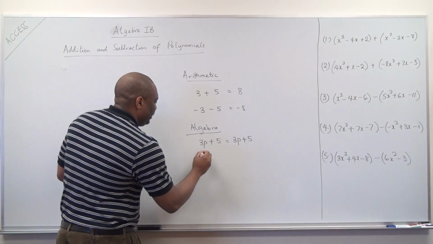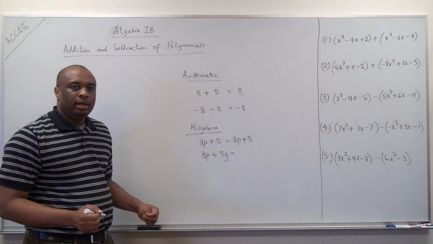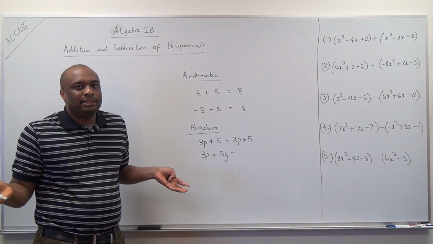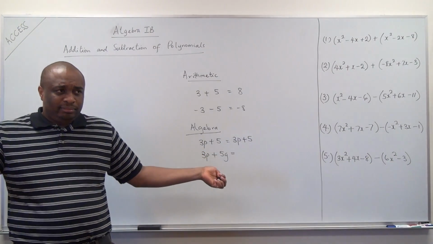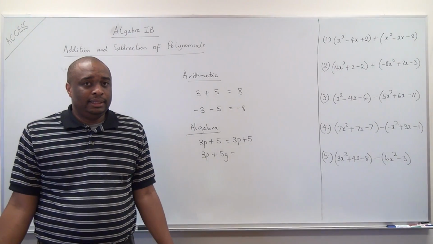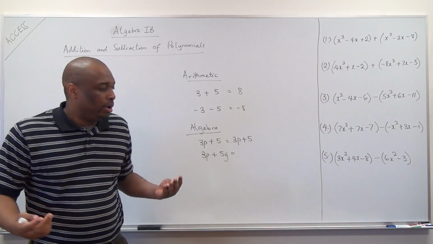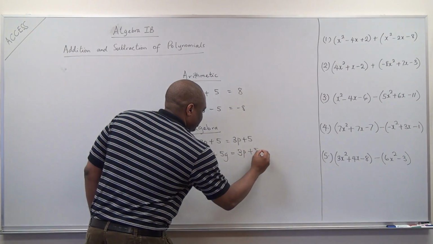What if you have 3p plus 5g? Now, this is 3p. P might be pencils, and g might be gates. 3 pencils plus 5 gates. Pencil plus gate wouldn't work. So you still have 3p plus 5g.